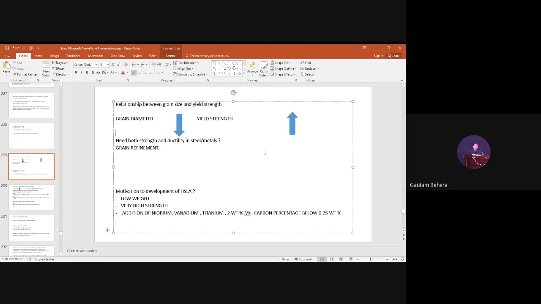Aditya Acharya, can you answer this one? Okay, Aditya, is gold very ductile or is it a brittle material?